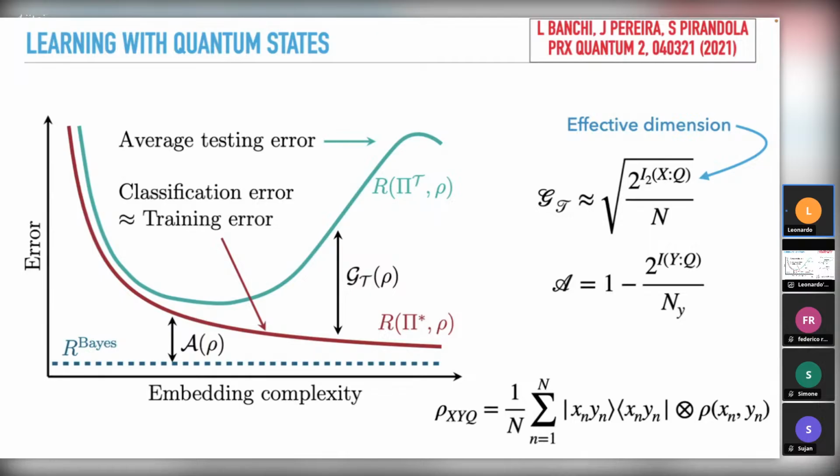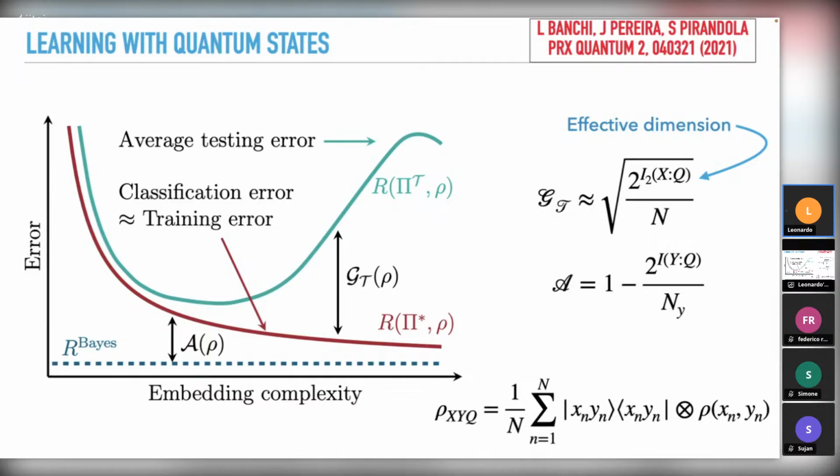And what we have shown is that the distance between your model and this Bayes risk is a quantity that depends on the mutual information between your classical label Y and the quantum state space Q. All these mutual informations are computed with respect to this classical-quantum state over here.